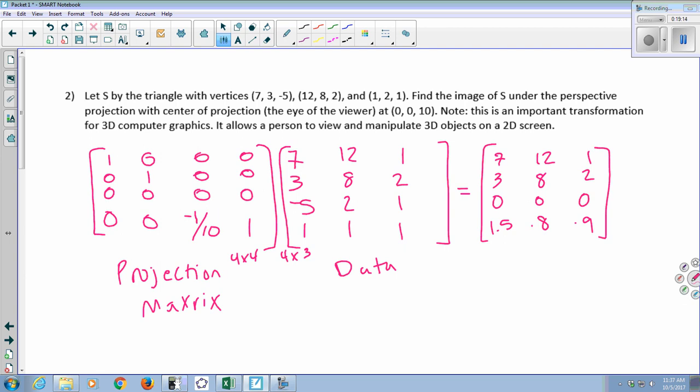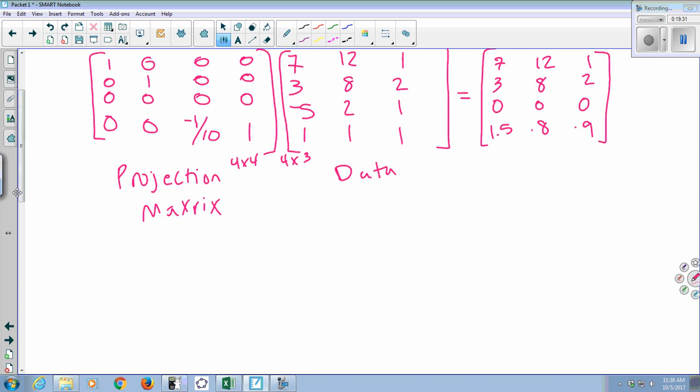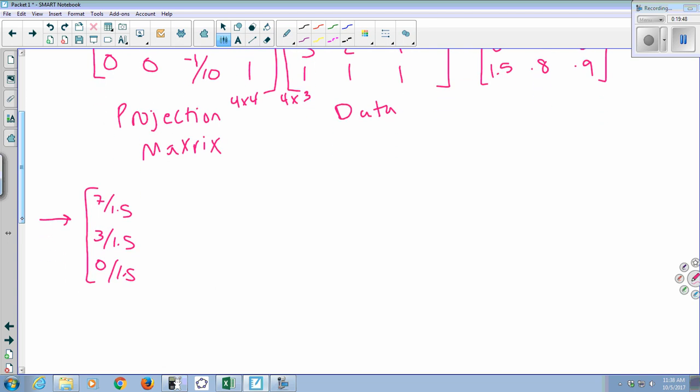Now, the problem here is that I need 1s on the bottom. That bottom row is supposed to be just a placeholder. So to make them 1s, I divide each column by its last entry. I'm just going to divide each entry in the column by its last entry. So this becomes 7 over 1.5, 3 over 1.5, 0 over 1.5, and then 1.5 over 1.5 will make that placeholder a 1.